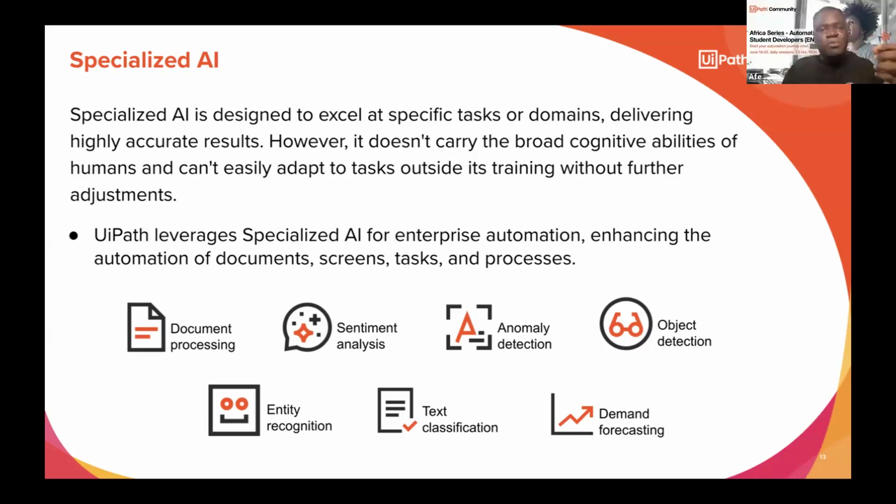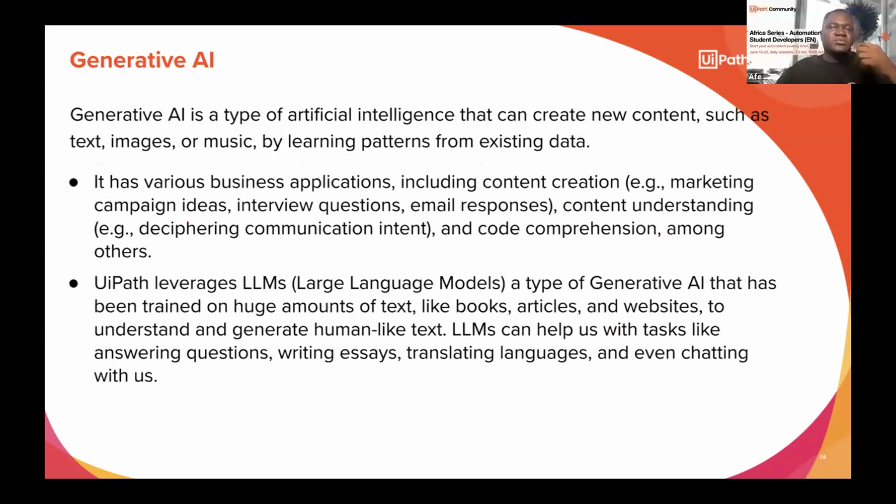Now, the second type of AI we can harness within the UiPath platform is generative AI. I know many of us are aware of this. It's a type of artificial intelligence that can create new content such as text, images, or music by learning patterns from existing data.